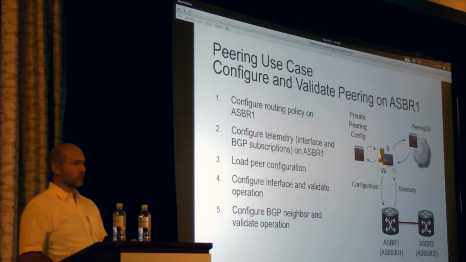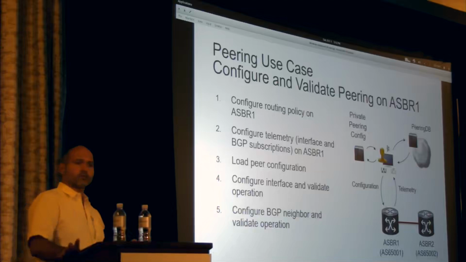Only when I'm able to get the stream data coming back from the router that the interface is up, the script will continue execution, and then it will configure BGP and start monitoring the BGP data that is being streamed back from the router. Okay. So if all goes according to plan, this is going to work in front of your eyes. So cross your fingers.